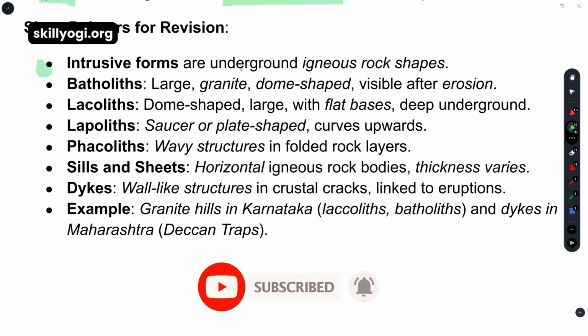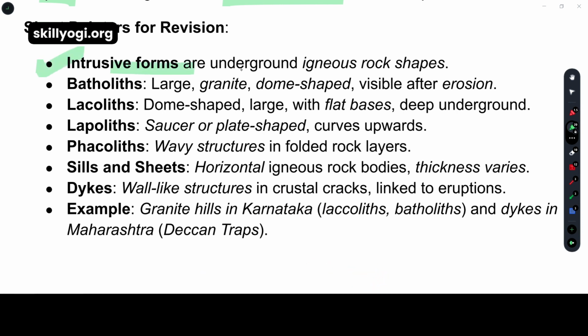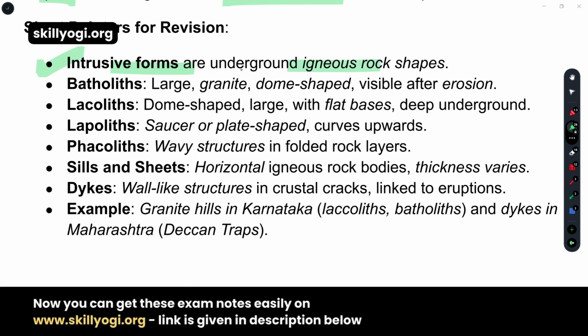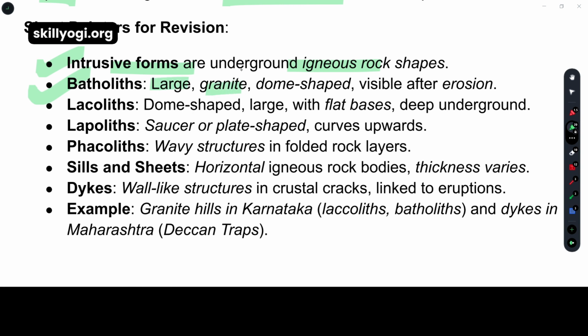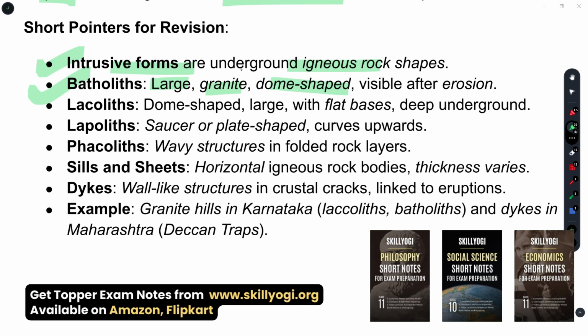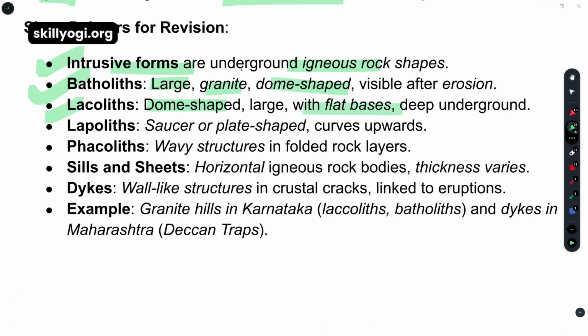Come to the gist or summary of what we have learned from the above paragraph. First, we have learned intrusive forms, which happen underground in the interior of the earth, called igneous rock shapes. Come to the intrusive landforms. The first is batholith, a large granite dome-shaped mass. Laccolith is also dome shaped but with a flat base.